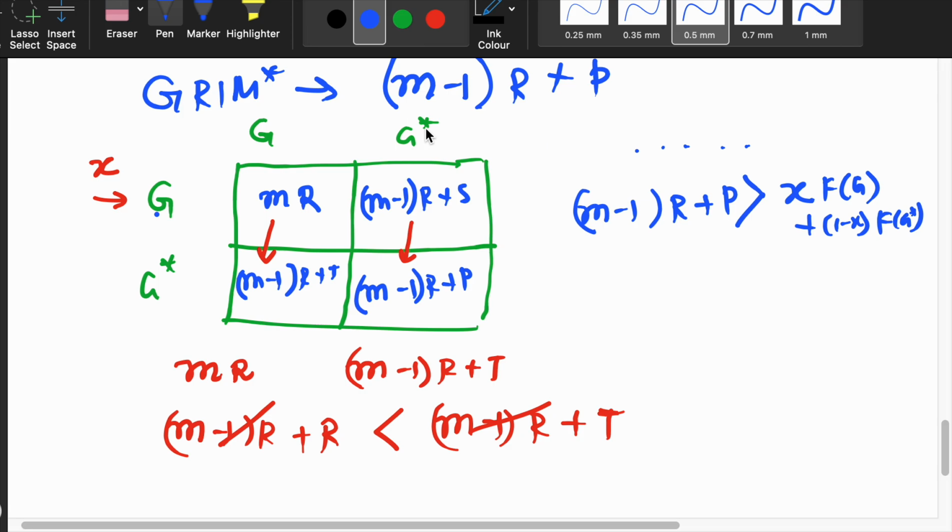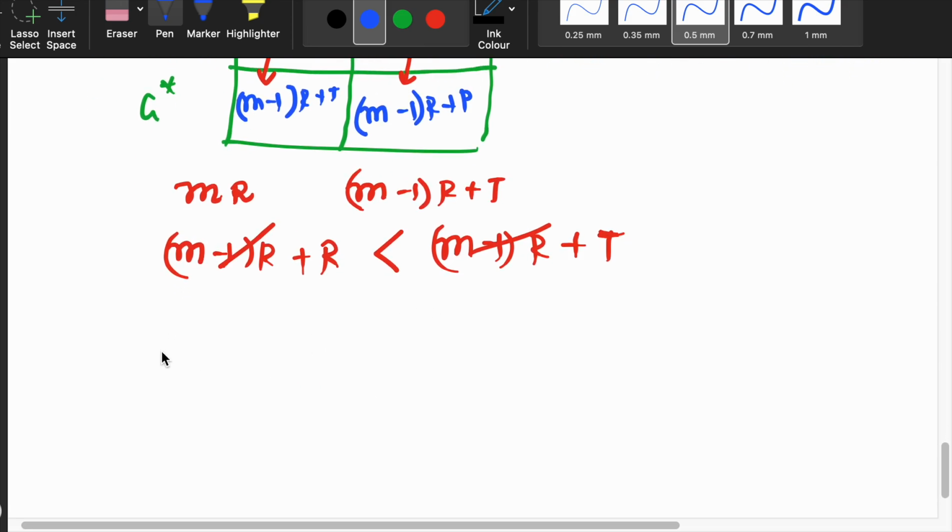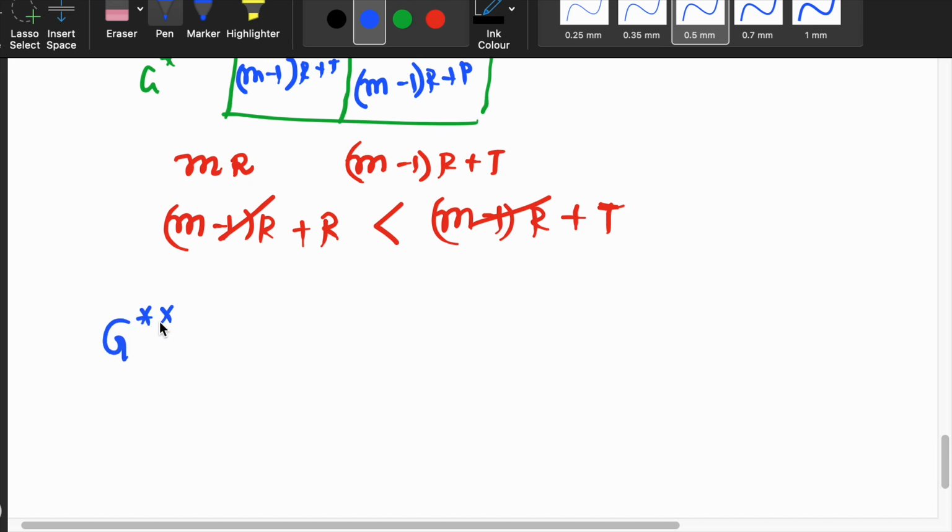Now the problem does not stop here. Against green star you can have another strategy, which we call green double star. Why defect only at the last step? Since I know that green star will defect at the last step, let's forget about the last step and defect at the penultimate step, that is, the second to last step.